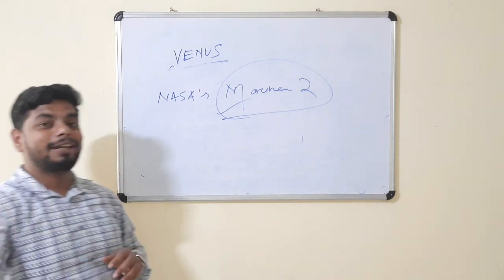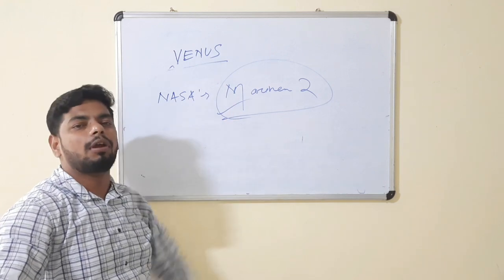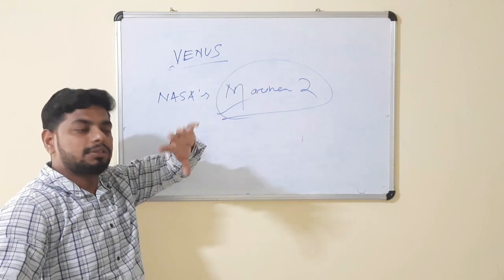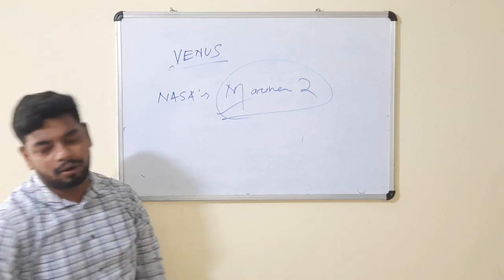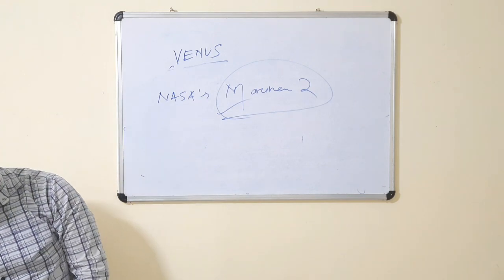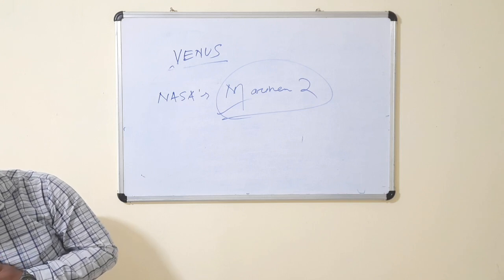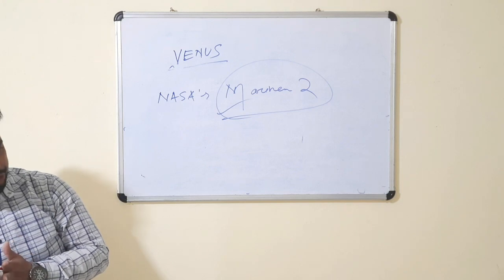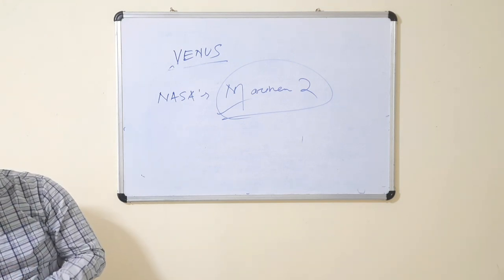Another important characteristic is that on the surface of Venus there are a huge number of volcanoes. In fact, some volcanoes are taller than Mount Everest of our planet. Got it?